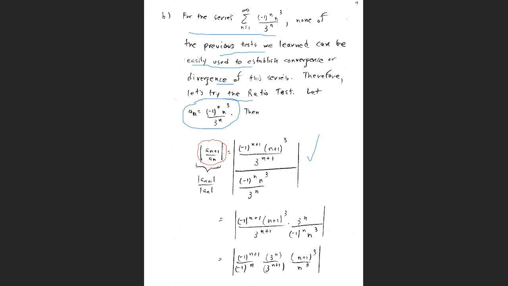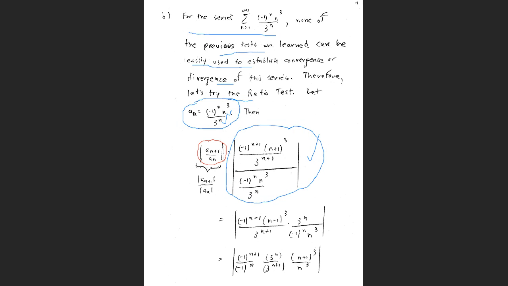Okay, so let's see here. Are there any questions on this first part, where to get the n plus first term, you just replace n with n plus 1? That's how you get a sub n plus 1 in the numerator.